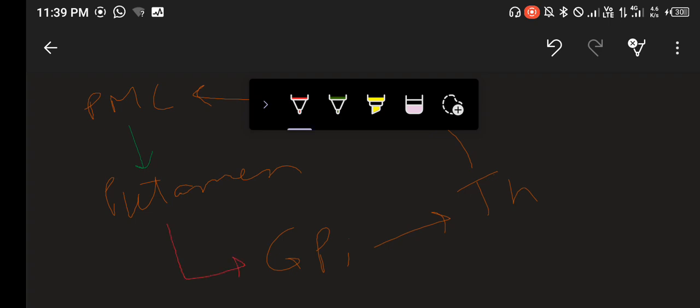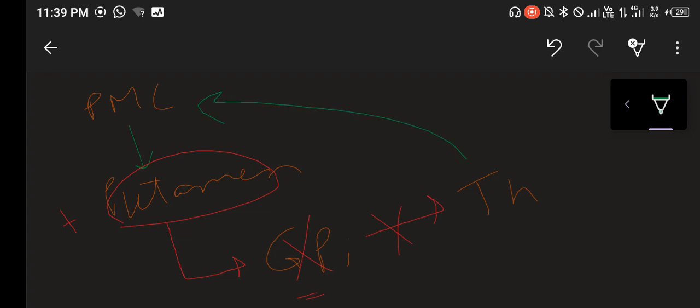So when the premotor cortex stimulates the putamen, it is going to inhibit the globus pallidus interna. The globus pallidus interna, which was also going to transmit the inhibitory signal to the thalamus, is now inhibited by the putamen. When the GABAergic neurons from the putamen are inhibiting the globus pallidus interna, they will not inhibit the thalamus, and the thalamus, which was normally sending excitatory signals to the premotor cortex, will not be inhibited, and the excitatory signals will reach the cortex, and the action will be performed.